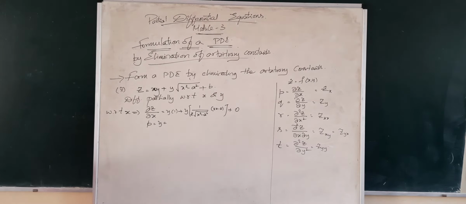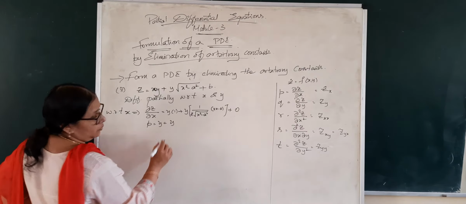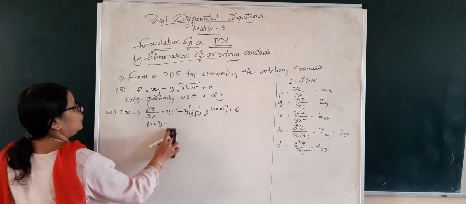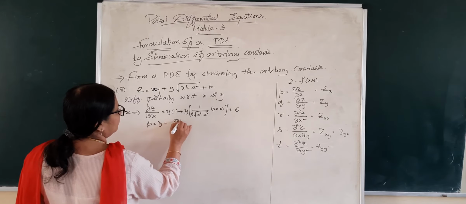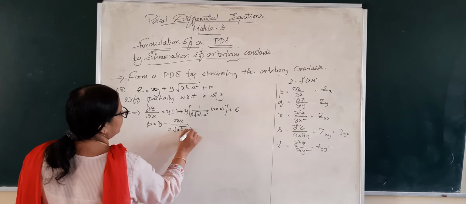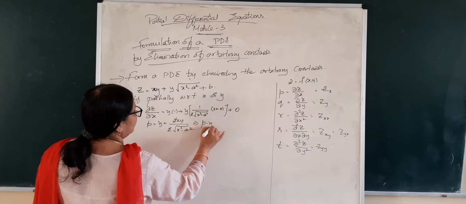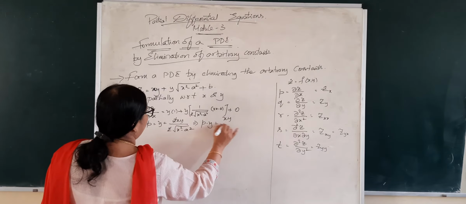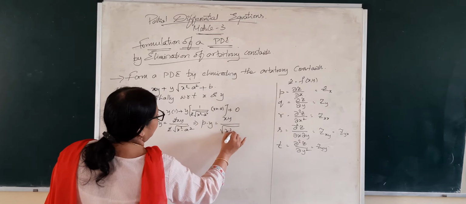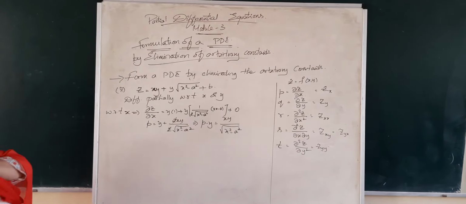So y into 2x we can write directly as 2xy divided by 2 into under root of x square minus a square. Cut 2 here, let y go that side, we get p minus y is equal to xy divided by under root of x square minus a square. Okay, so keep it as it is.